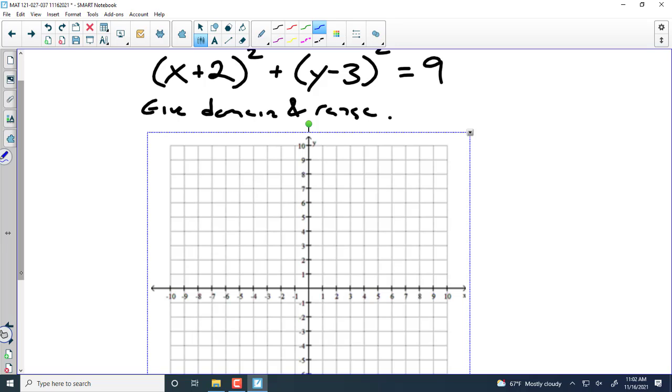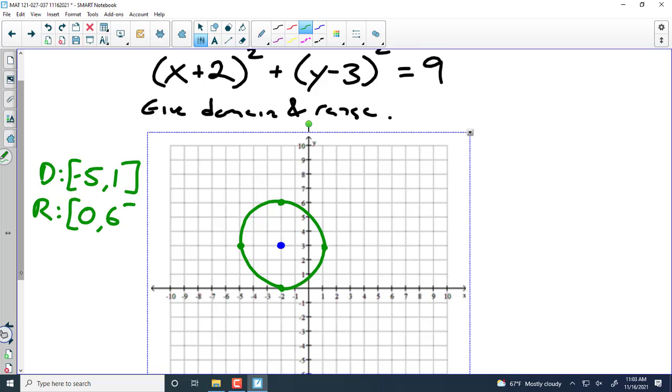That's why I ask you to give the domain and range, because that's a good way for you to double check and make sure you did your graph correctly. And then when you're all done, take a look up here and see what you think.